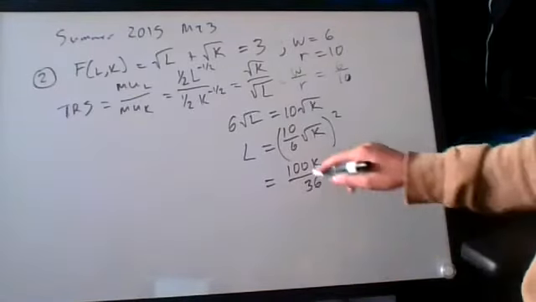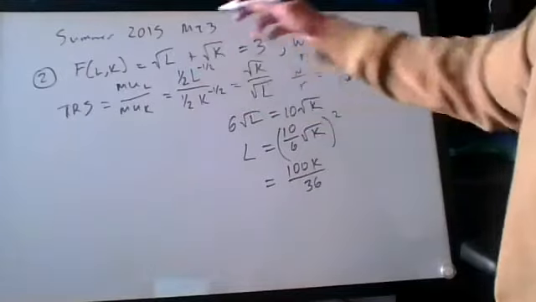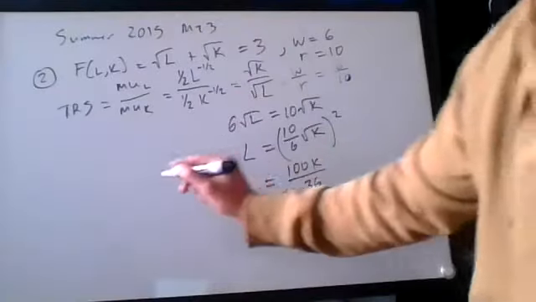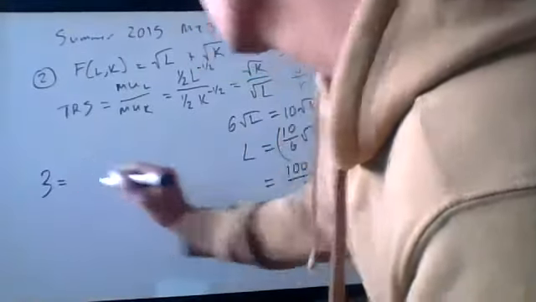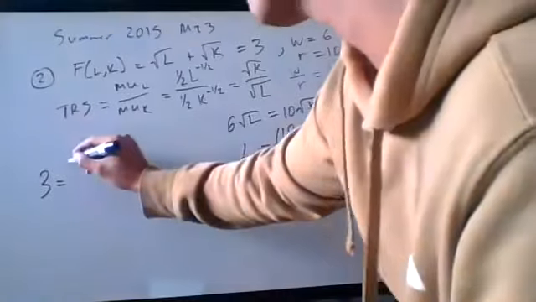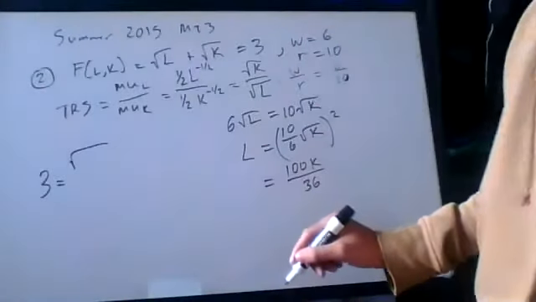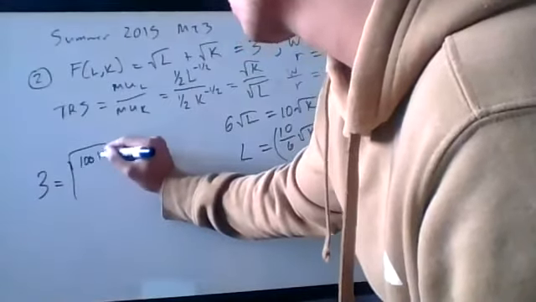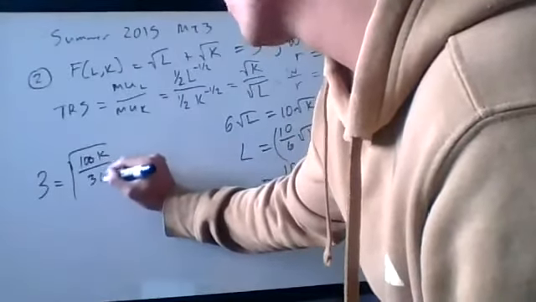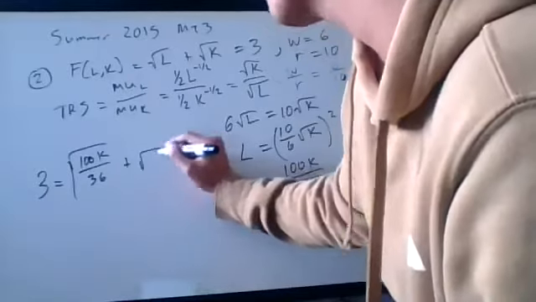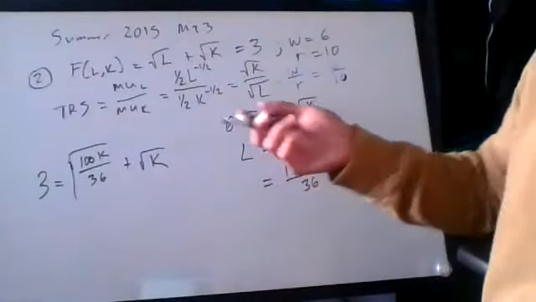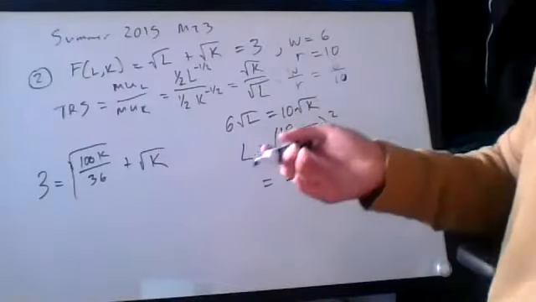And so you can pretty much just plug this into your values of L and get that 3 is equal to the square root of basically this whole thing. So 100 K over 36 plus the square root of K, right? And then from here, you can find your cost minimizing level of capital.